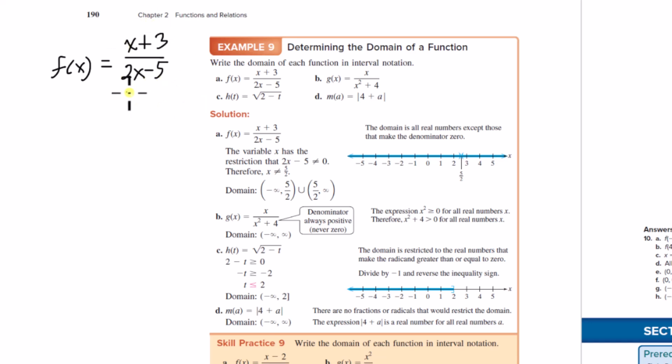But then we look at this and see that it does involve division. There are no radicals, but it does involve division. So we have to say that this denominator here cannot be equal to 0. Now, sometimes it might be the case that there is no possible x that makes the denominator 0, so you're fine. But in this case, we can solve this and see that there is a case. x can't be equal to 5/2.